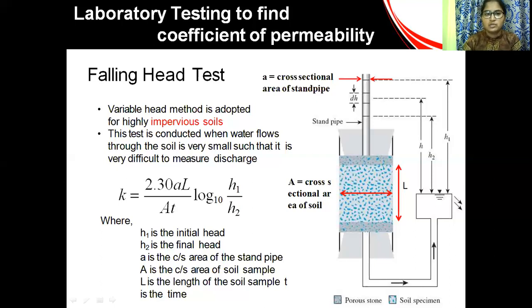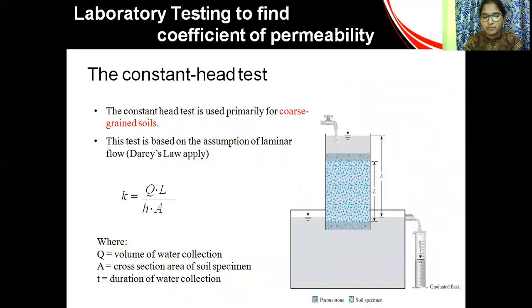These are the two tests for conducting permeability in our laboratory: one is the constant head method, and the other is the variable head method. The constant head formula is K equals QL by Ah. Here K is the coefficient of permeability, Q is the discharge, L is the length of the specimen, and A is the cross-sectional area of the soil sample.